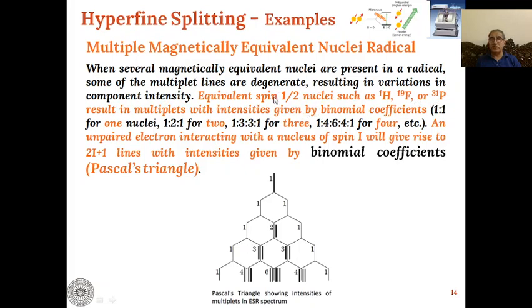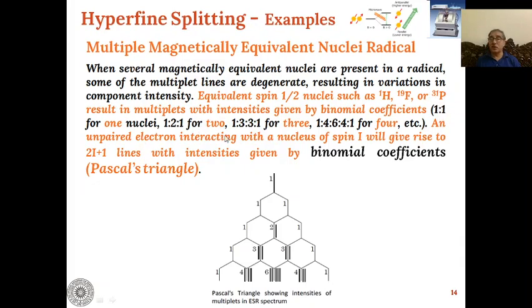Before that, we will do a few more examples. Benzene radical anion. This is the structure for benzene radical anion, and there are 6 equivalent hydrogen atoms.